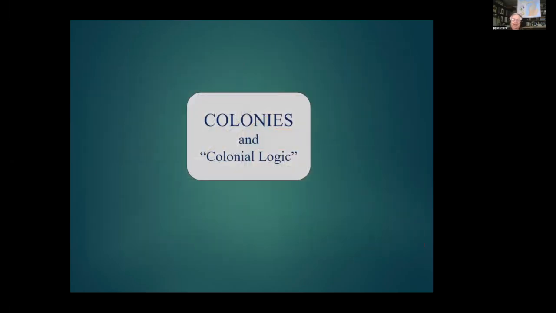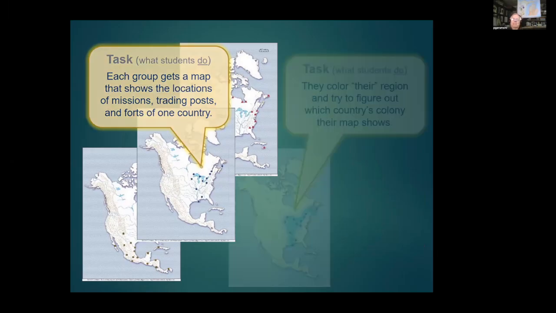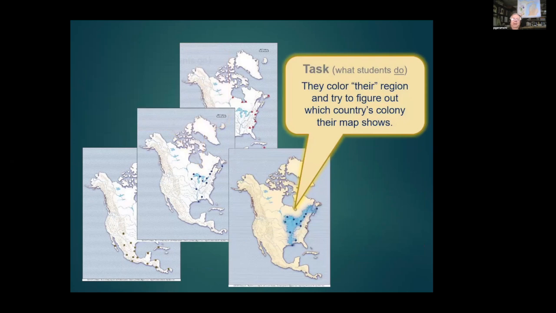The activity on colonies and what we call colonial logic. You divide your class into 3 groups, and each group gets one map that shows the locations of the missions or trading posts or forts that were built by one country. Their task is to color their region and try to figure out which country's colony their particular map shows.